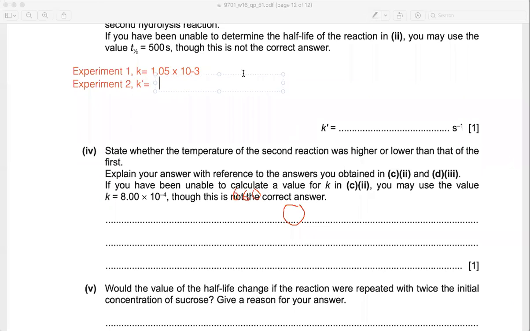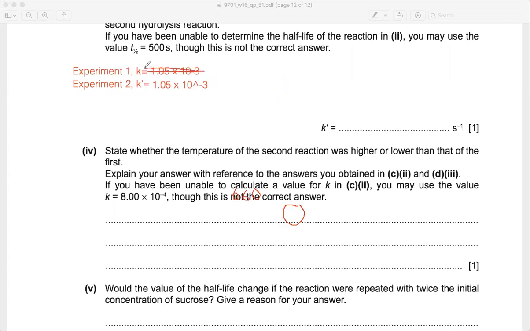Safina, is your answer for K from the first experiment or the second experiment? Second. Okay. So what's the first experiment? What's your K from the first experiment? Okay. That seems better.